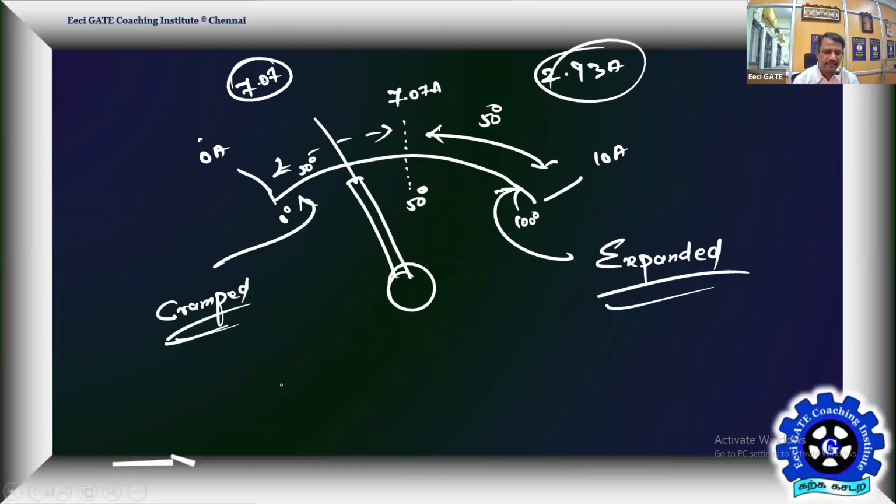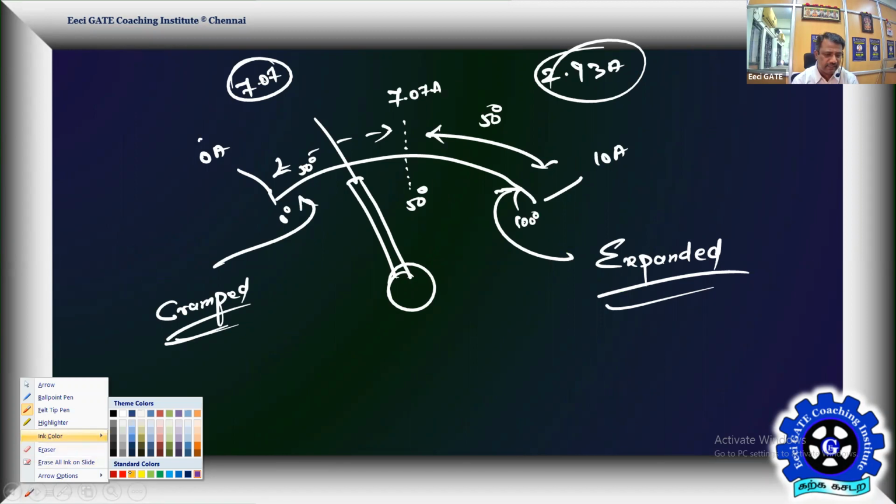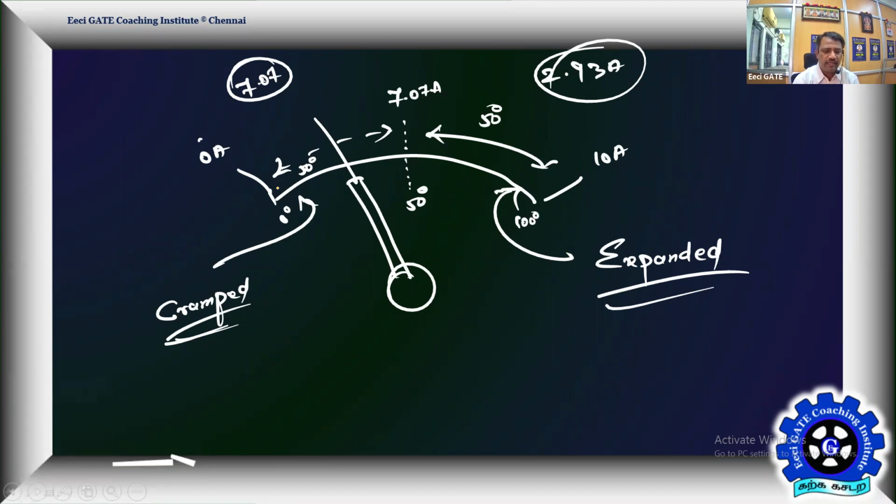That's the calibration for the moving iron. It will be like this, then slowly it will get expanded as you move towards your full scale deflection. So this is your theta FSD, and this is the zero deflection.